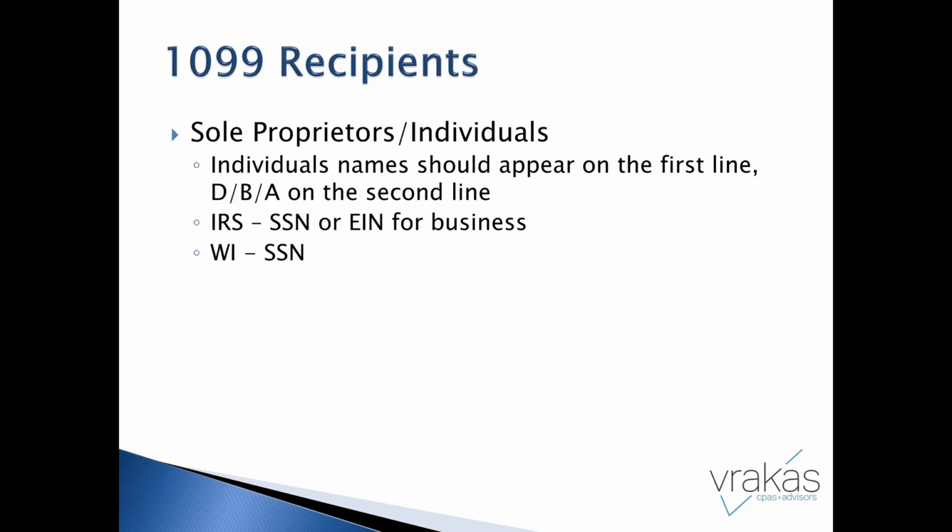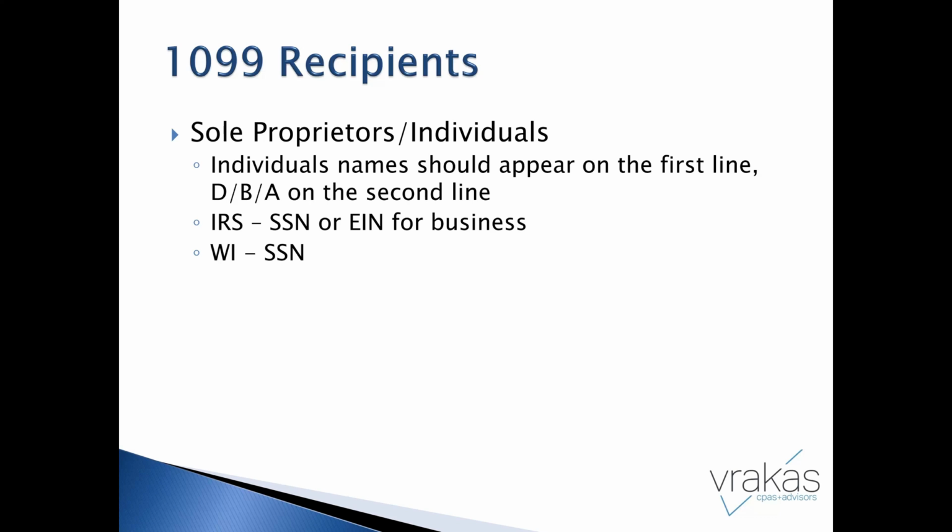Now, a lot of times, you have to try to figure out, again, who gets them: sole proprietors and individuals. If I'm in my trade or business and I'm an accounting firm or a law firm, and somebody comes in and does cleaning for me, just as a sole proprietor, I would issue them a 1099 if I paid them more than $600.